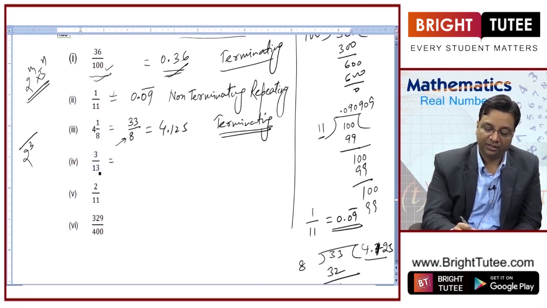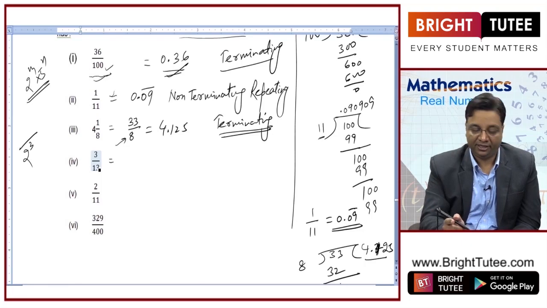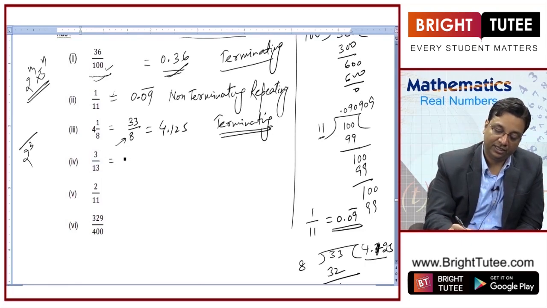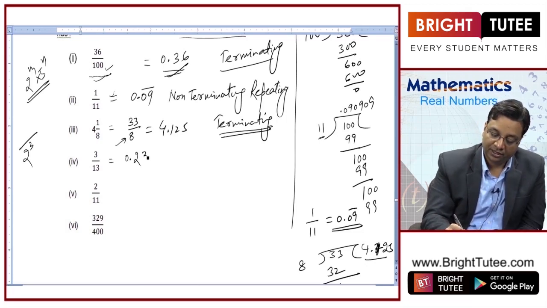Now, this 3 by 13 will definitely be a non-terminating repeating type of decimal expansion. I am doing it directly here, 3 by 13. So, 0 point, now it will become 30 here. So, 2, 13 2s are 26. So, 4 is the remainder, 13 3s are 39, 1 is the remainder, a 0 here, 13 7s are 91.